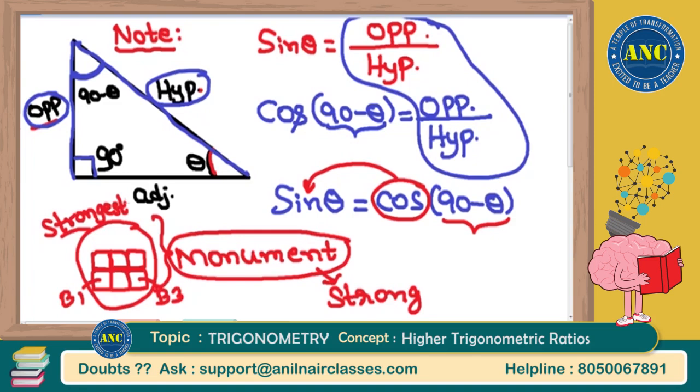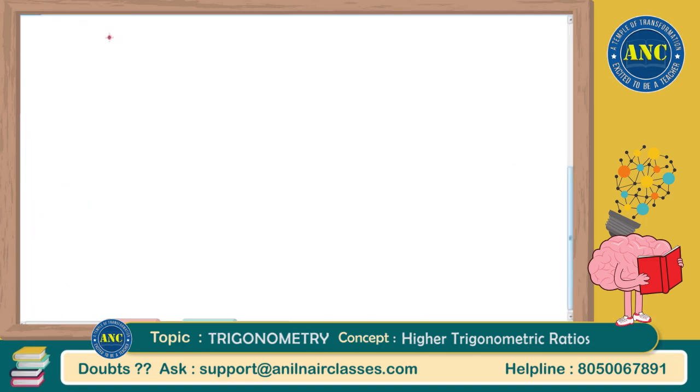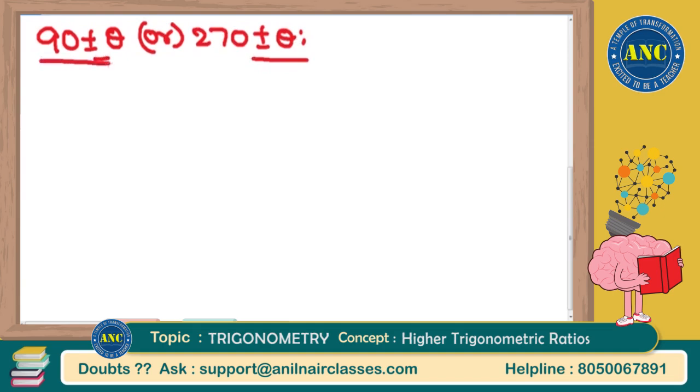Idea clear? Whenever it is 90 plus or minus theta, or 270 plus or minus theta, my trigonometric functions will definitely change. That means sine will be written as cos. Why cos, I explained to you just now.